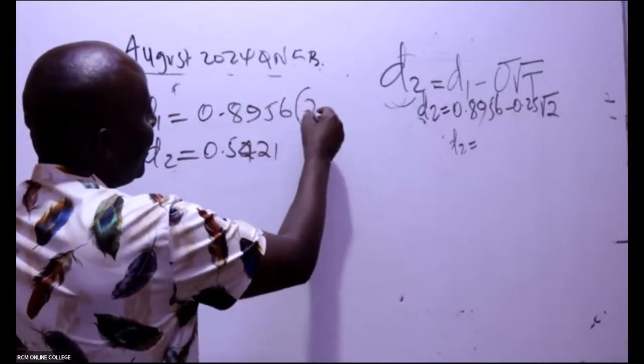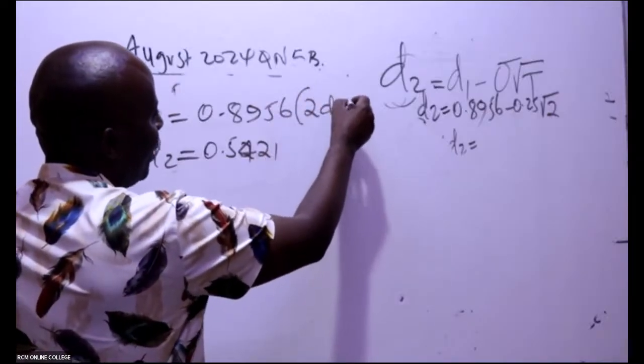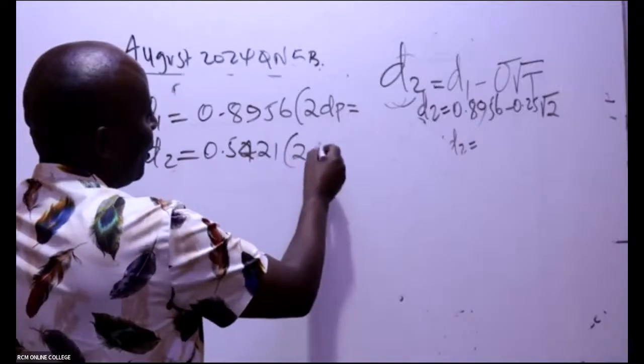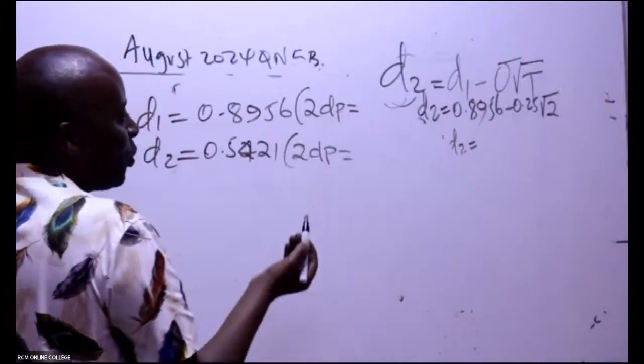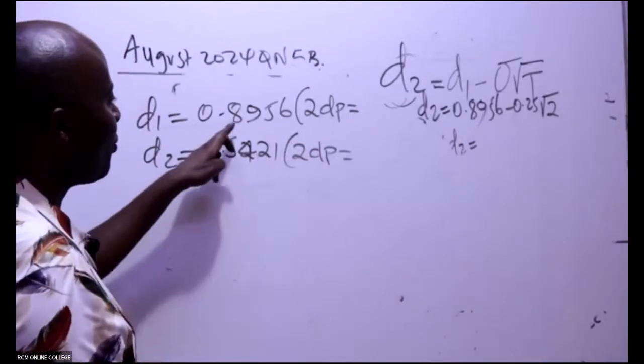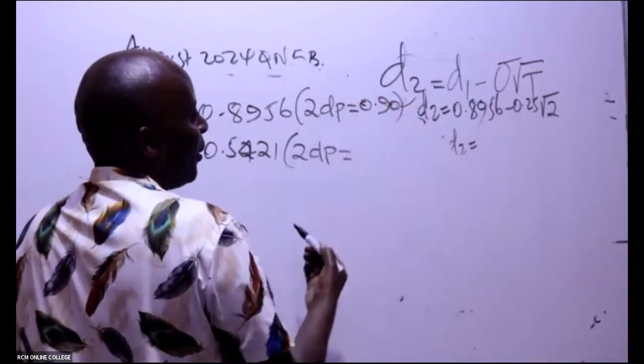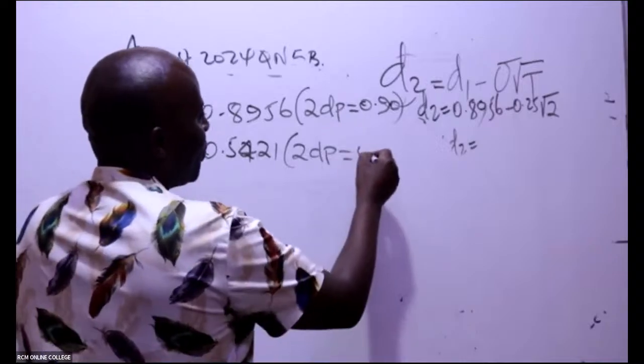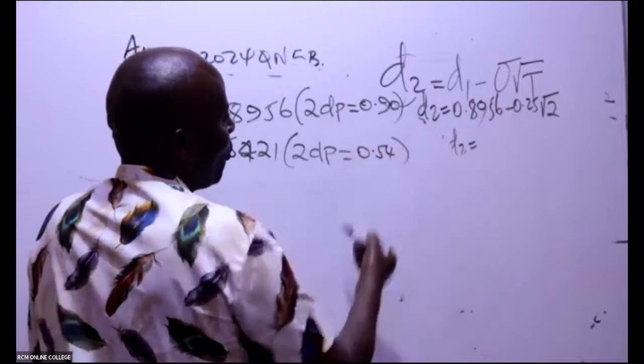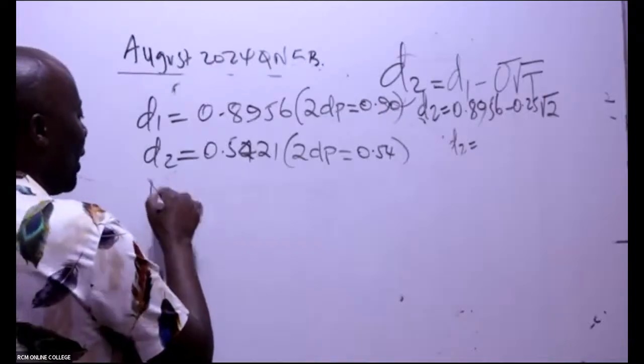Please now change these to 2 decimal places for us to be able to read this from our tables. So D1 will be 0.90, and D2 will be 0.54. From there we go to normalization.